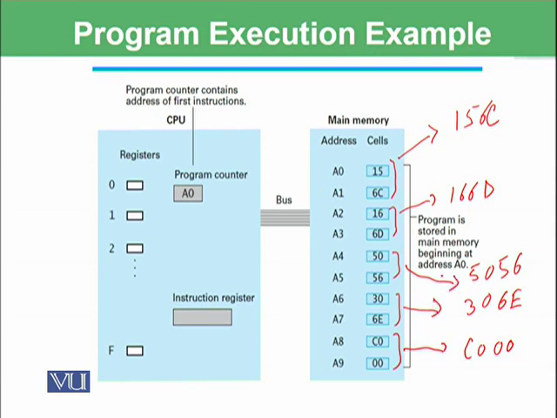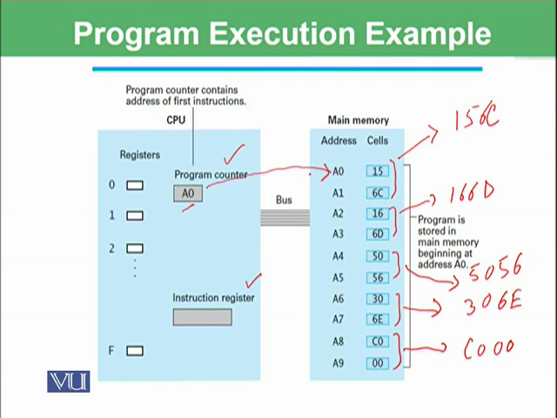So actually we have these 5 instructions available in our RAM, and as we mentioned, there are 2 special purpose registers, the program counter and the instruction register. The program counter has the address of the first instruction, that is A0. You can see it is pointing to this first address.